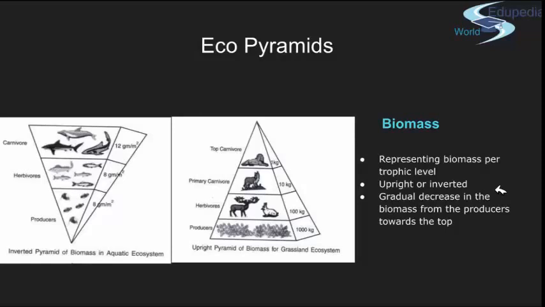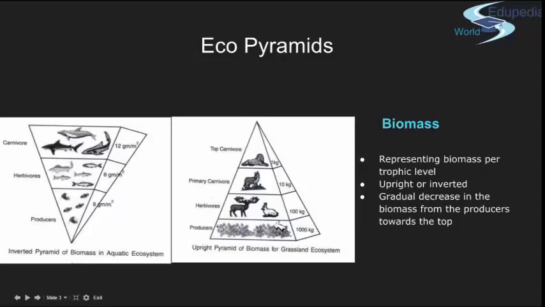So producers have higher biomass and tertiary consumers have less biomass. And then biomass increases as we go up in the aquatic food chain, because producers have less biomass but tertiary consumers have larger biomass. So this is how it looks.